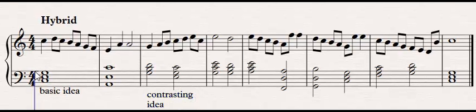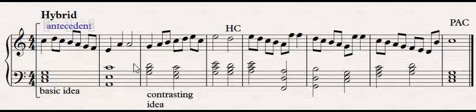Basic idea, contrasting idea, followed by that same half cadence. And we do end with a perfect authentic cadence. And that is what we're going to label the antecedent.